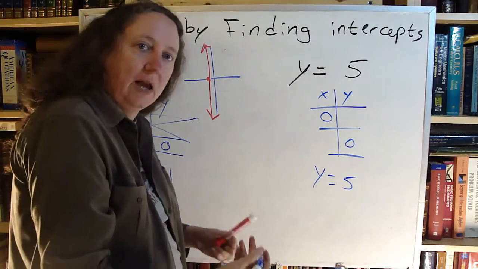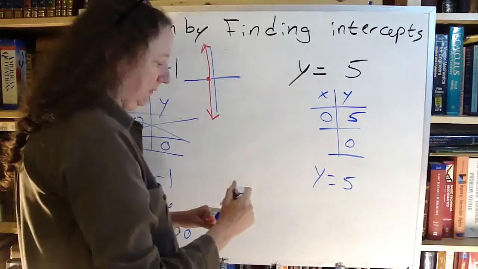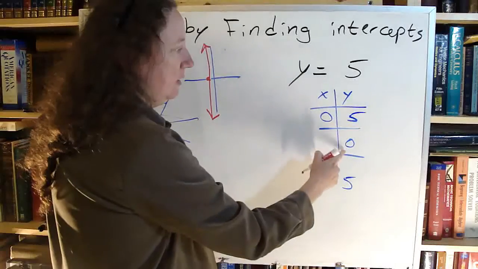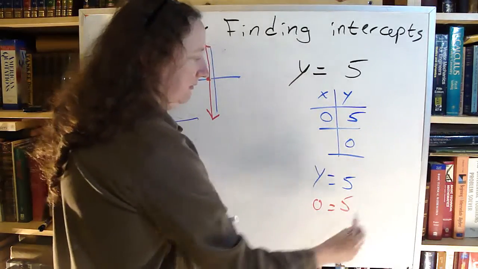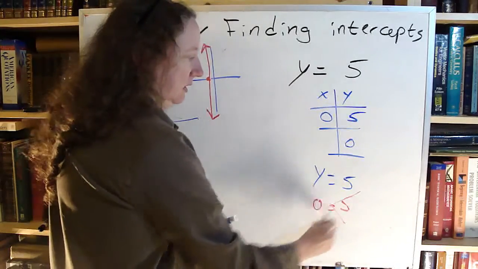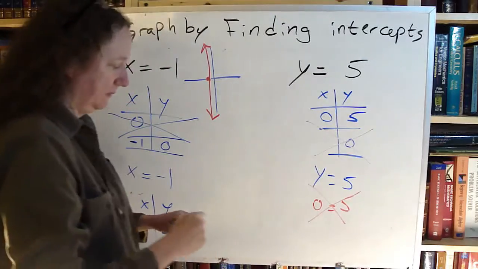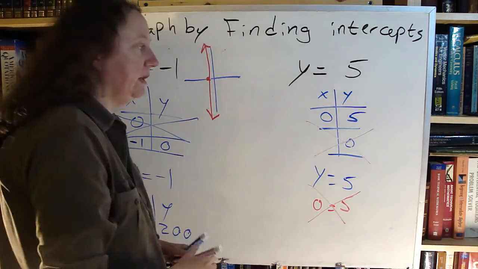So the x part does not matter for this one. Let's do the other one here. Replace y with 0. So then we have 0 equals 5. Does not work. So this does not work. So I have only one point there.